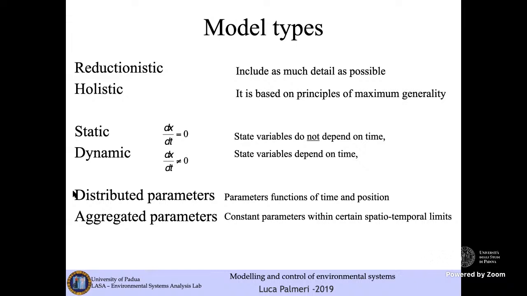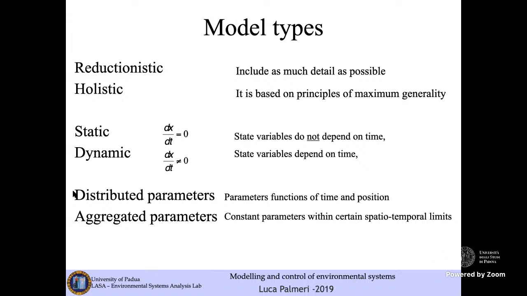In this case, we immediately distinguish between models for which the parameters are functions of time and position. So these are distributed parameters models, with parameters changing according to the different places and times of the system that we are describing. On the contrary, the opposite condition is that of aggregated parameters models, in which we have constant parameters within certain spatial and temporal limits.